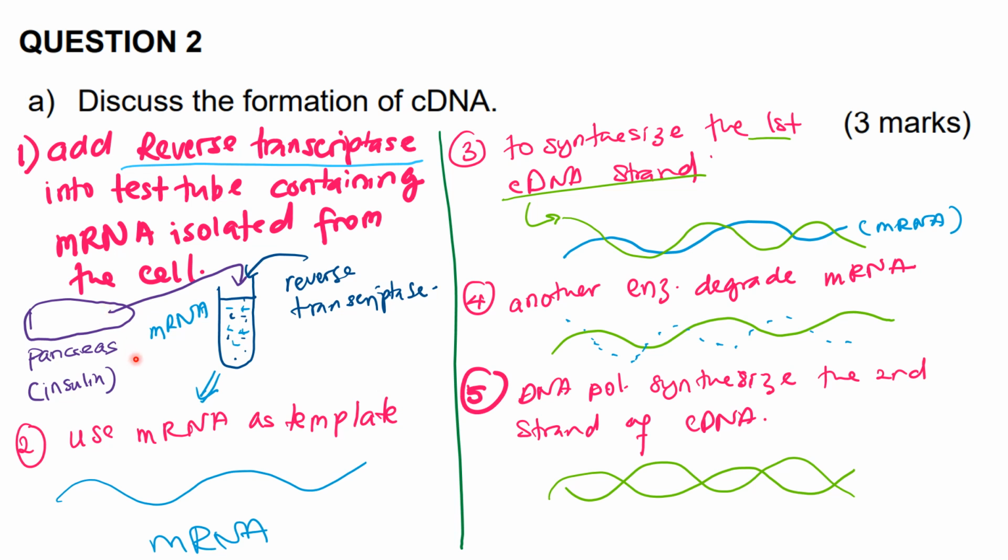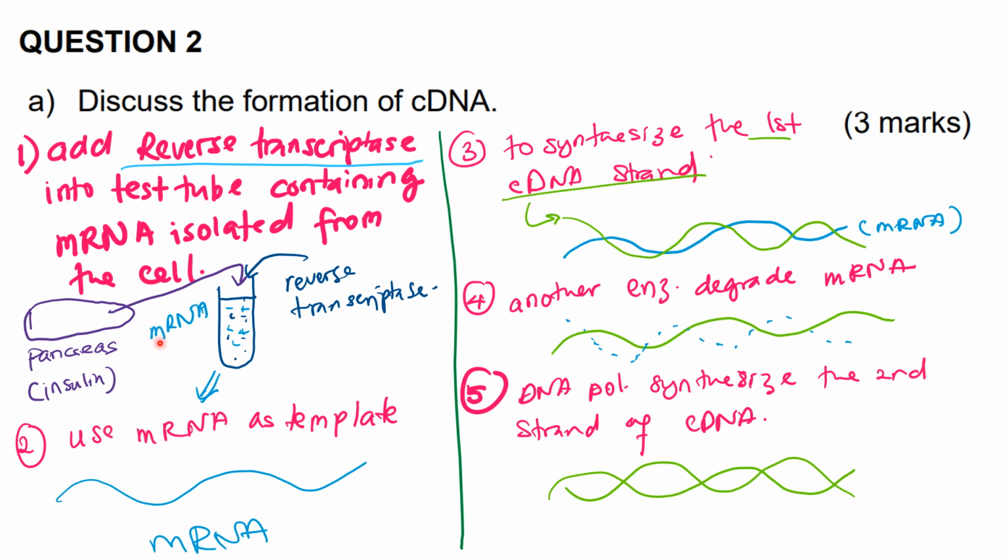You cannot isolate mRNA from another organ, such as, for example, the liver, because the liver does not produce insulin. So no insulin mRNA is present in the cells of the liver. The mRNA is only present in the cells of the pancreas because the mRNA will be needed to produce the hormone insulin in the pancreatic cell.